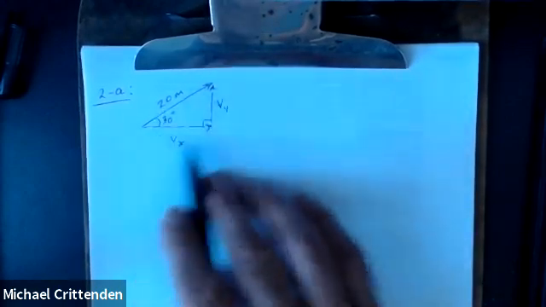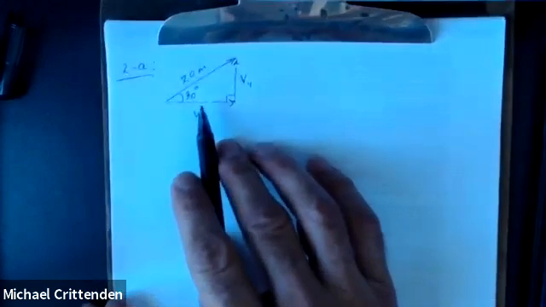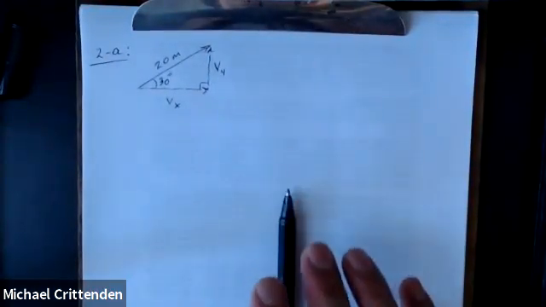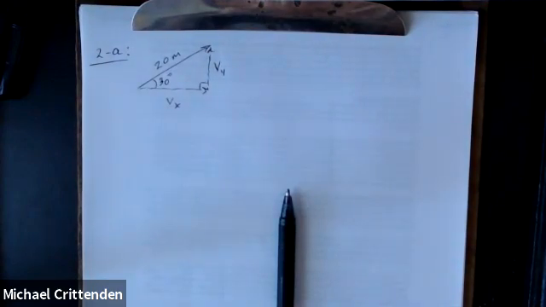So now I've drawn this picture of a triangle. If you don't happen to remember the definitions of the trig functions, they are on the formula sheet. This is the kind of thing the formula sheet is for.